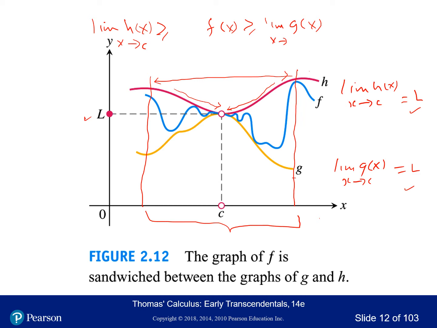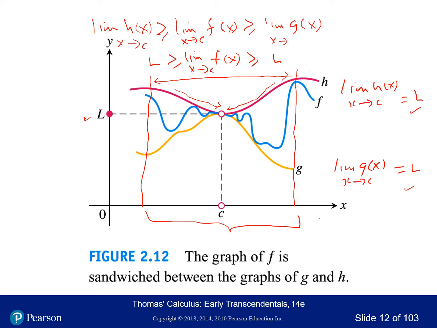We know that the limit, as we said, is going to equal L. So we have f of x greater than or equal to L, and also the limit of h of x as x goes to c is going to give us L. So what if I put a limit here as x goes to c, and also put a limit here as x goes to c of f of x. Now f of x is sandwiched between two values, L and L, so its limit must be equal to L. And this is what is meant by the sandwich theorem.